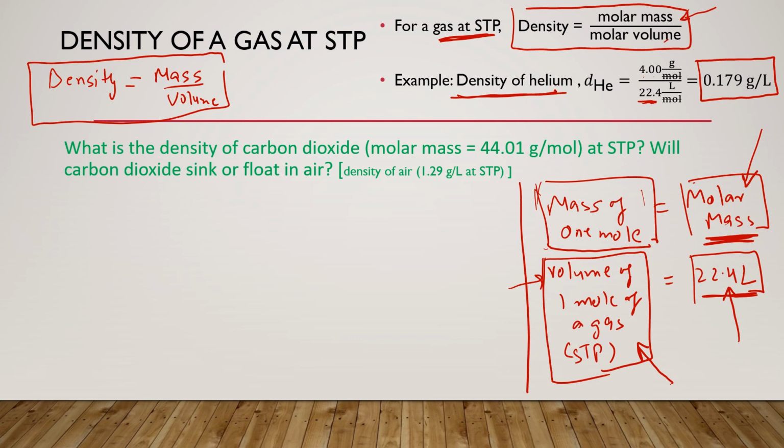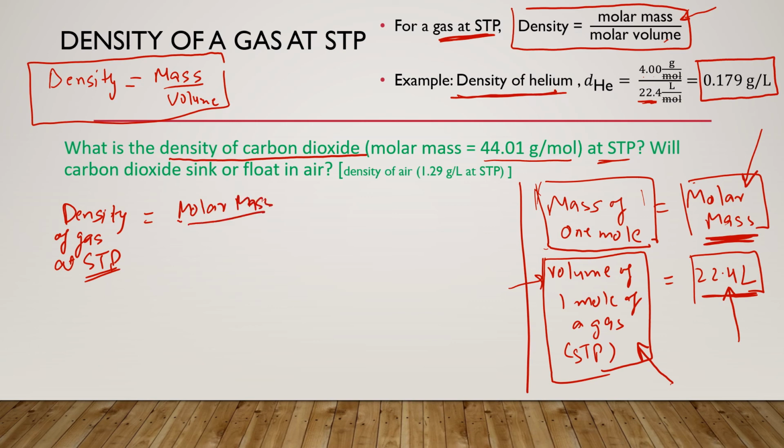Okay, so let's calculate the density of some other gas. In this case, we want to find the density of carbon dioxide. The molar mass of carbon dioxide is already given to us, and at STP. So let's find the density of carbon dioxide. So we know that the density of a gas at STP, this is important, this is only at STP, is equal to the molar mass divided by the molar volume.